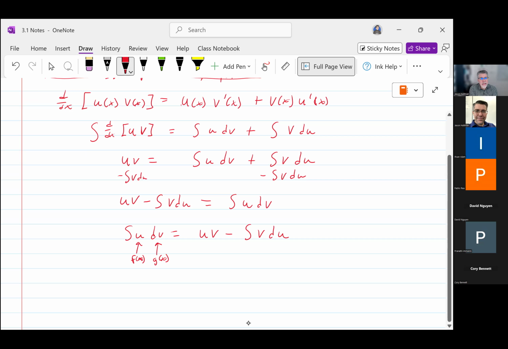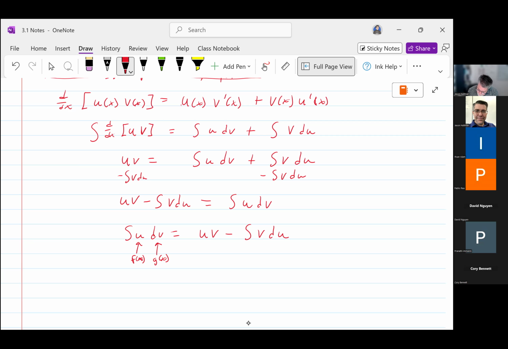Then all I have to do is integrate g of x to figure out what v is, and I'll be able to find the derivative of f of x, and we can plug it into this formula.